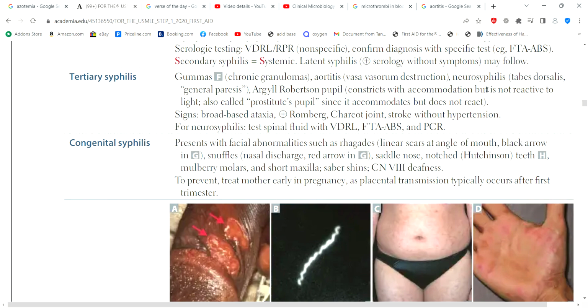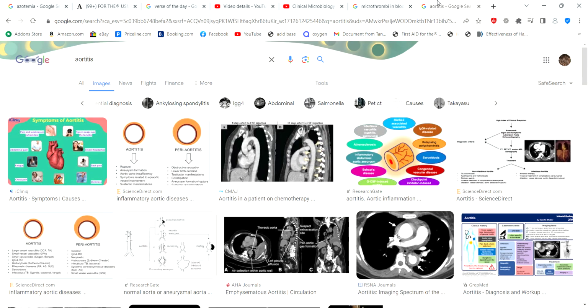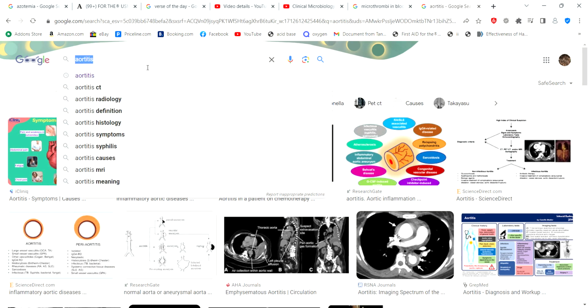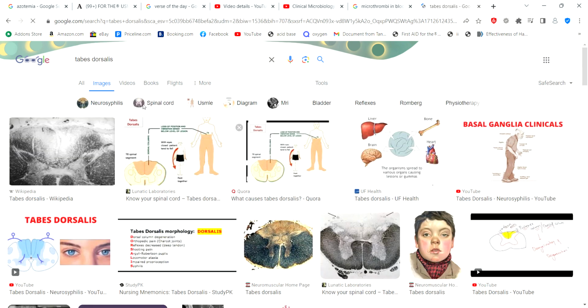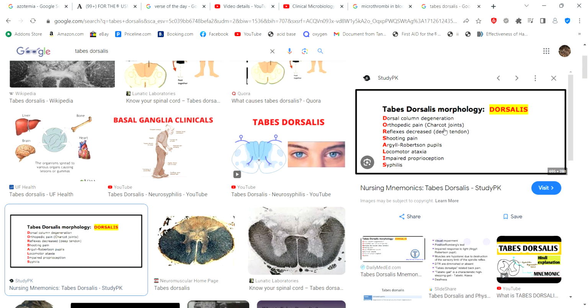In neurosyphilis, you get tabes dorsalis. What is tabes dorsalis? Tabes dorsalis is dorsal column degeneration, shooting pain, Argyll Robertson pupils, ataxia, impaired proprioception.